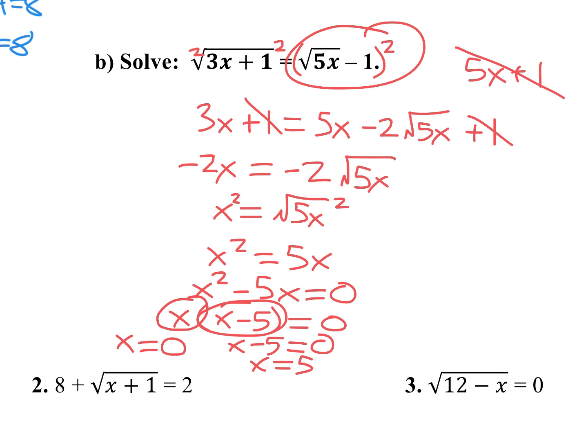We have to actually check our answers though. So going back to the original problem, if you plug in 0, you end up with 1 equals negative 1. So this solution is actually what is called extraneous. So that's an extraneous solution. It appears to work, but when you check the answer, it does not work. All right, checking 5, I get square root of 16 equals 5 minus 1, and that is true.